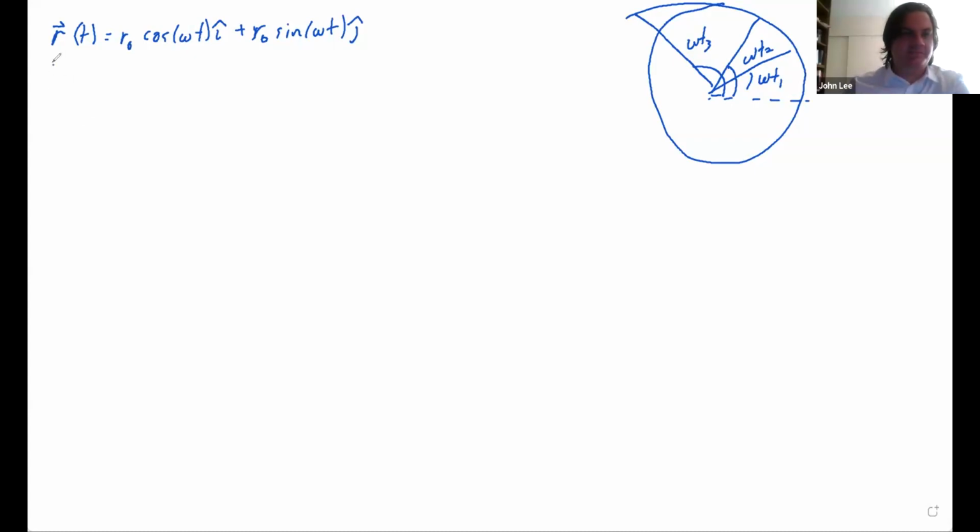So if this is the case, then v of t is going to give you negative omega times r naught sine omega t i plus omega times r naught cosine omega t j, using the chain rule.